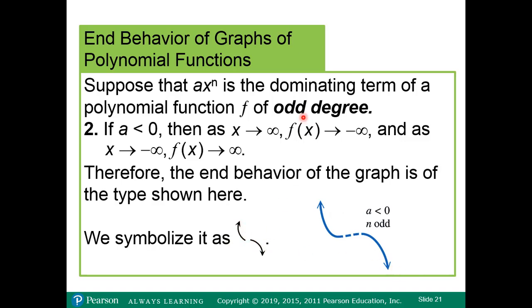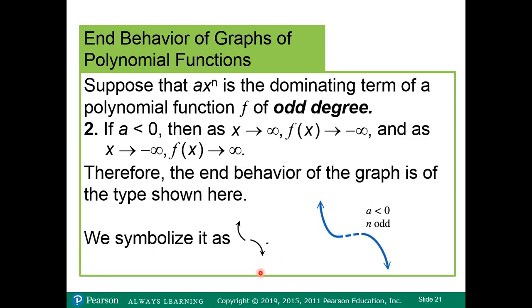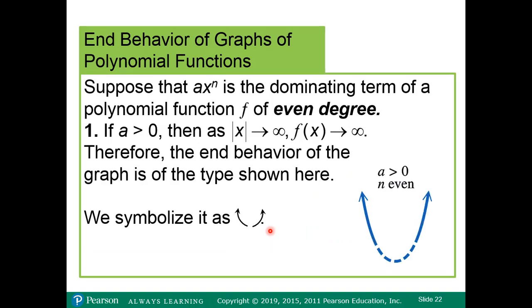So these are the characteristics. If the degree of the polynomial is odd and a is positive, it's going to have a general positive trend from left to right. And if it's odd degree with a negative coefficient on the leading term, then it's going to have a general downward trend from left to right.